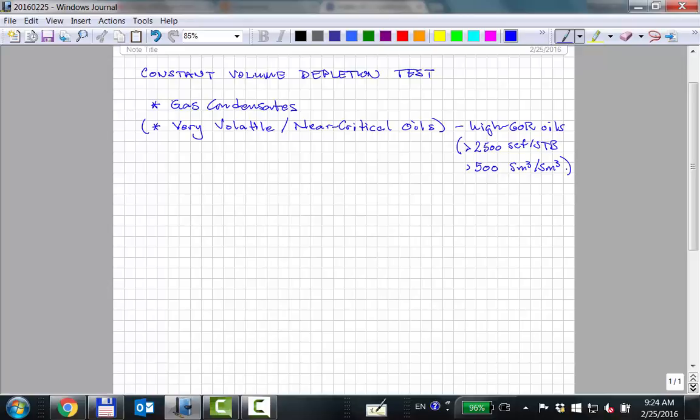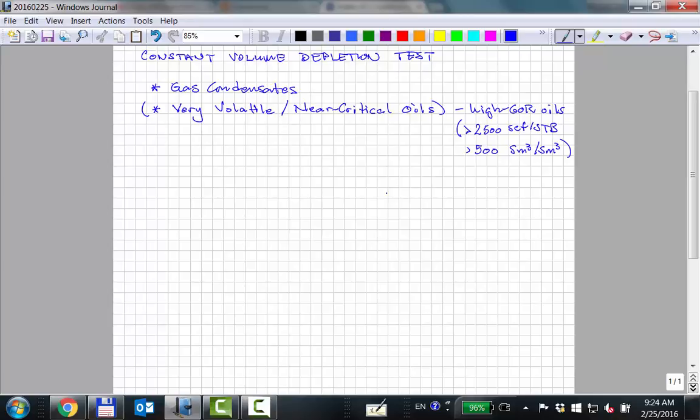So these are the types of fluids that we use this test on, and what's really the key data being measured is the gas composition, how it changes as you go below the saturation pressure.